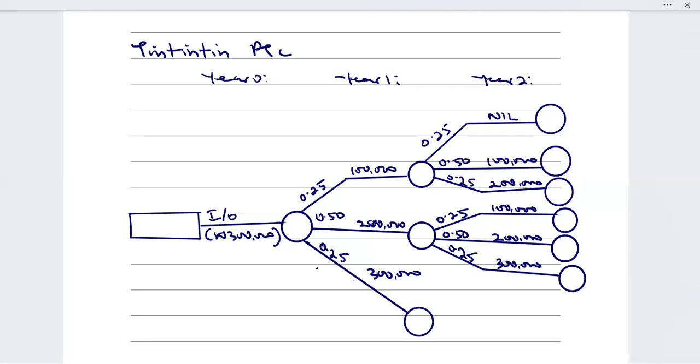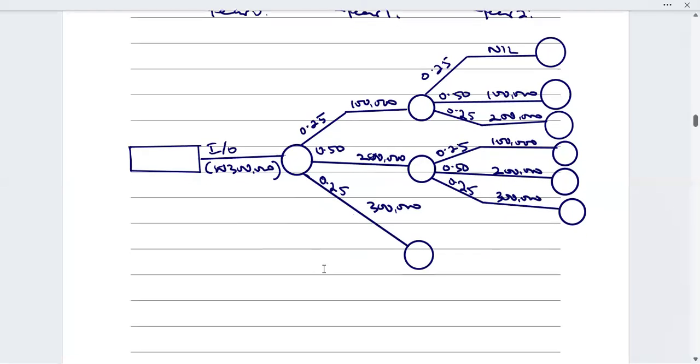So if cash flow in year 1 is 300,000, there is a probability of 0.25 that cash flow in year 2 will be 200,000.